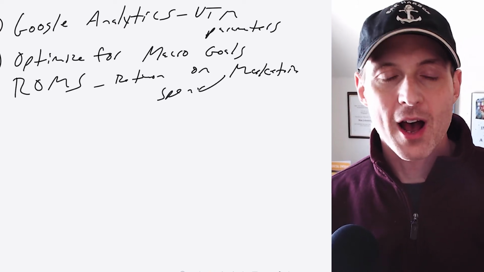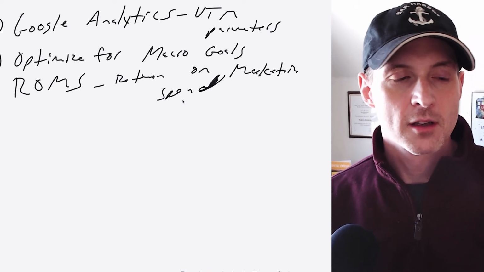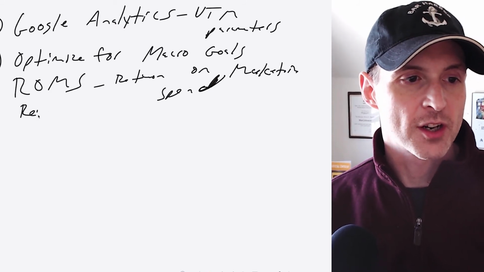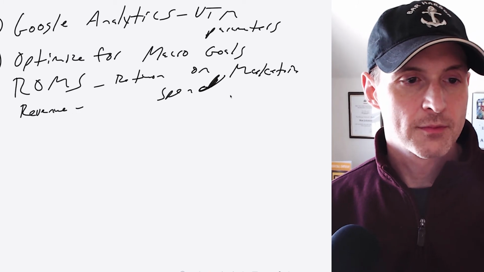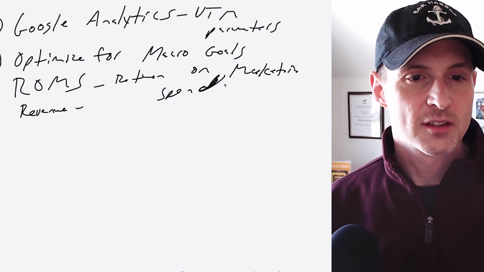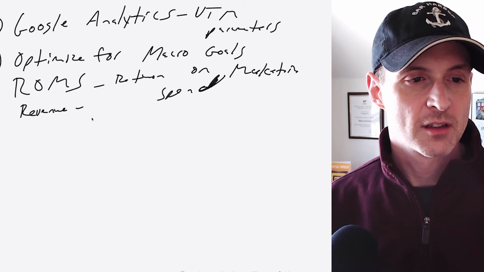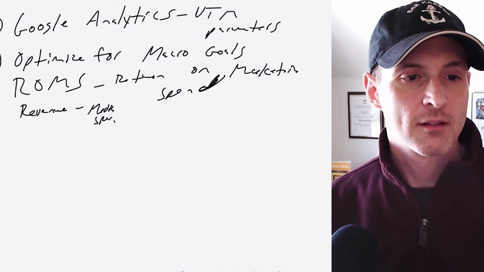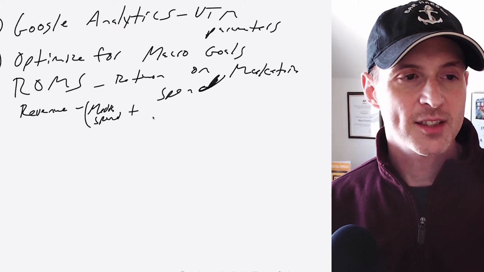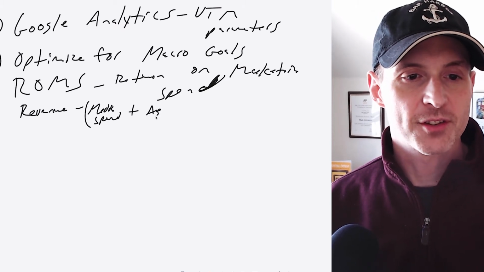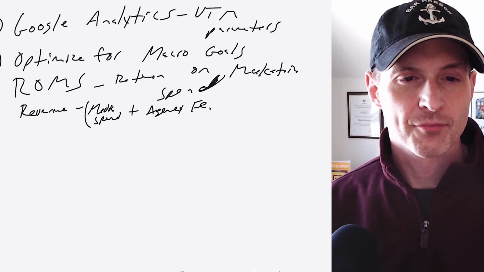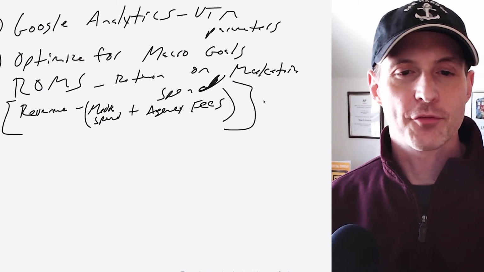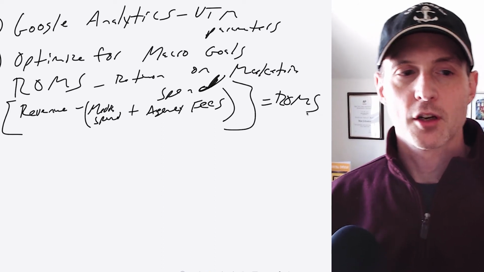So with ROMs, the way that you calculate this is this equation. It's revenue minus media spend, ad spend, plus agency fees, and that is your formula for ROMs, return on marketing spend.